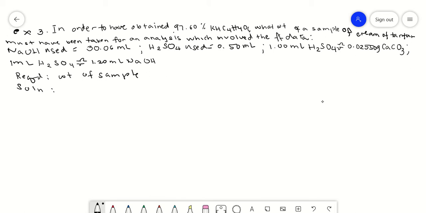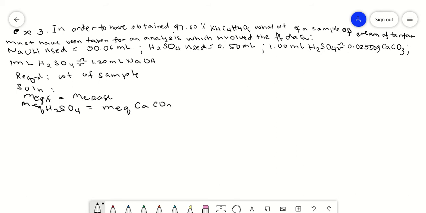Okay, so again, we make use of the formula: milliequivalents of the acid is equal to milliequivalents of the base. The easiest way to calculate the normality of sulfuric acid would be this: milliequivalents of sulfuric acid is equal to milliequivalents of calcium carbonate.